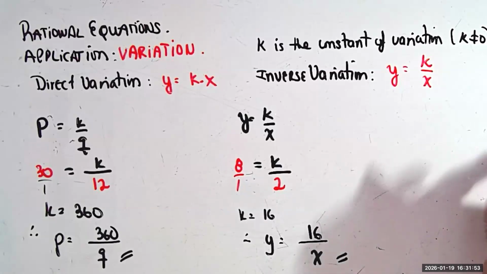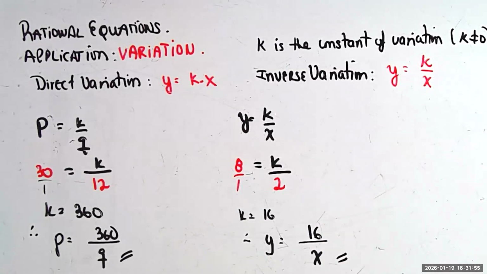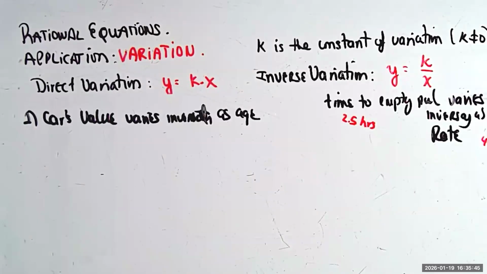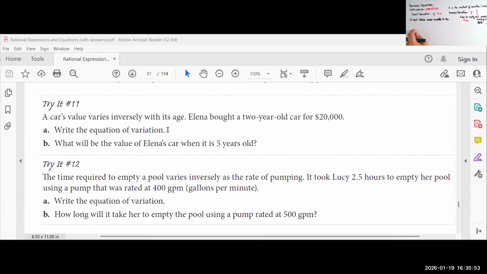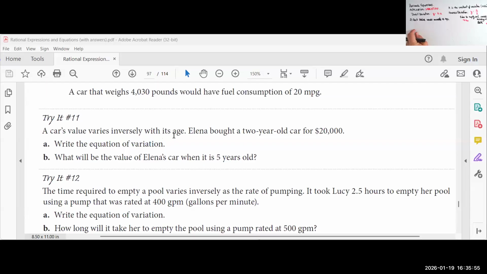Okay, let's try one application or 2, and we'll be done. Let's try 2 examples here. A car's value varies inversely as its age. Elena bought a 2-year-old car for $20,000.